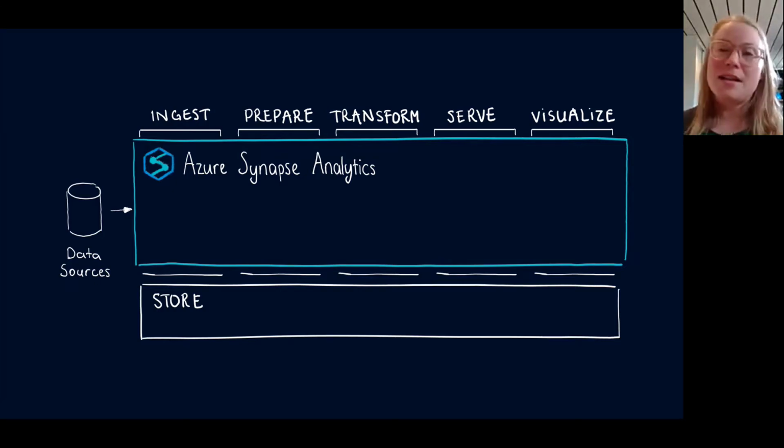And what Azure Synapse Analytics is supposed to bring us in terms of connecting these different components and capabilities that we have for the different stages is that we have one single user interface that we can use. We have some other options as well, but we could use just the Synapse Studio. We get centralized monitoring.